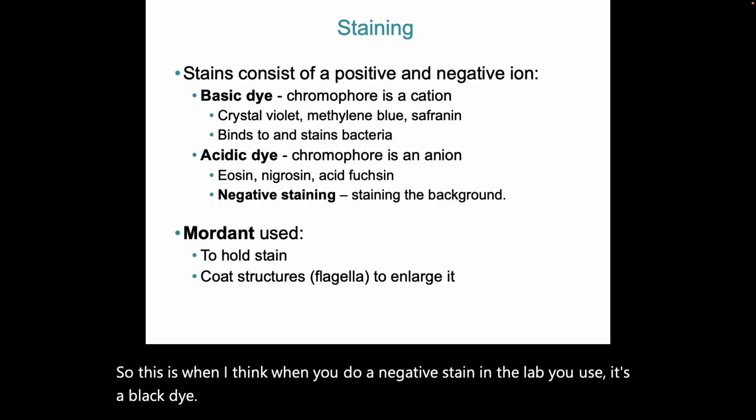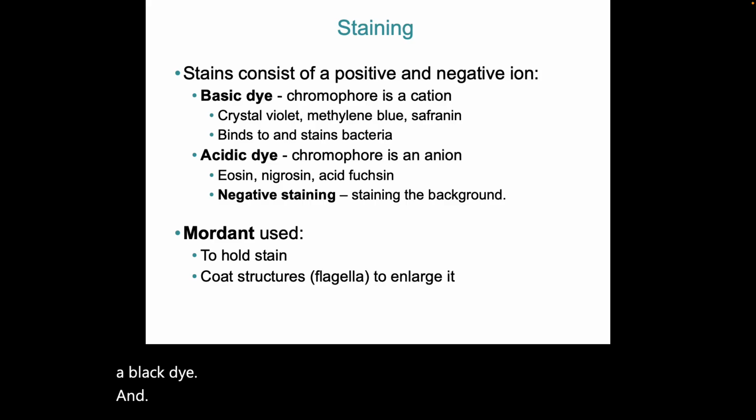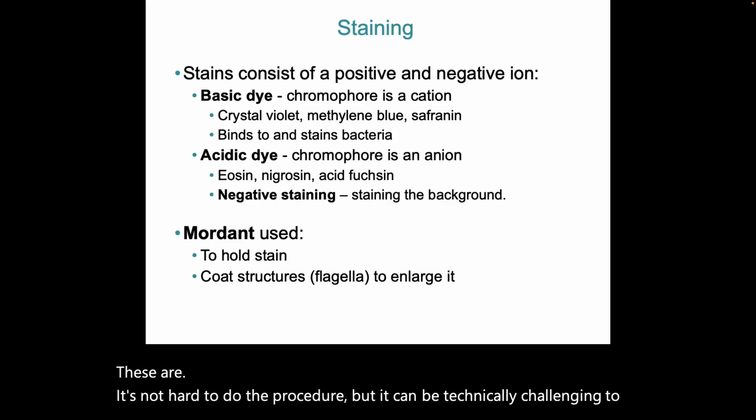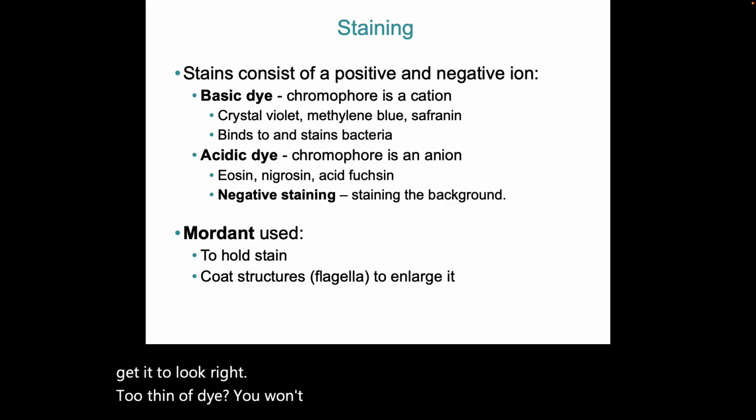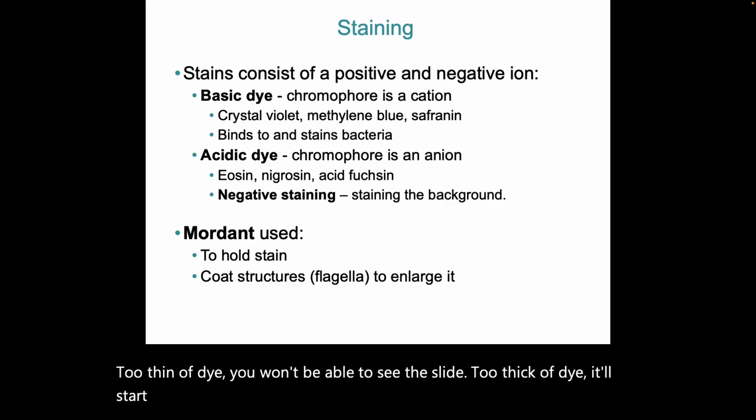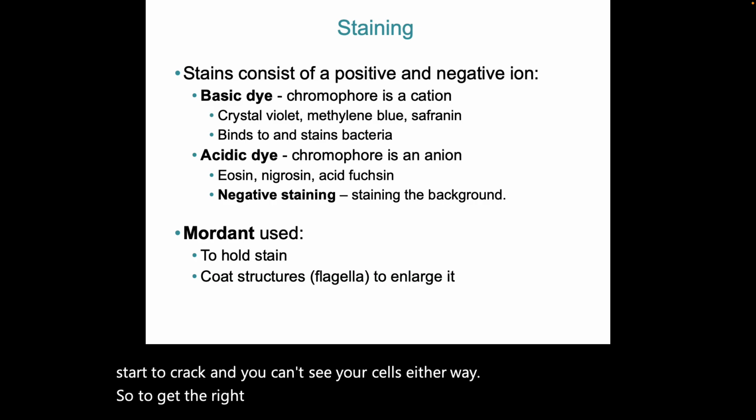It's not hard to do the procedure, but it can be technically challenging to get it to look right. Too thin of dye, you won't be able to see the slide. Too thick of dye, it'll start to crack and you can't see your cells either way. So how do you see the cells if you're not staining them?